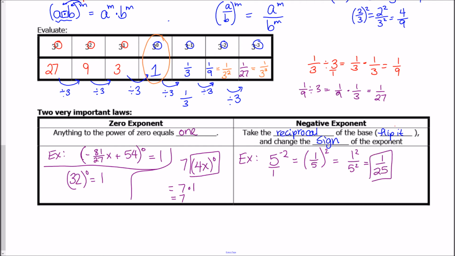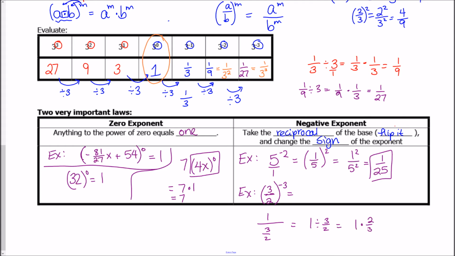Okay? Another example that you could see is if you had, for example, 3 over 2 to the power of negative 3. So that means that I have to do the reciprocal of my base. It's technically 1 over 3 over 2, but remember 1 over 3 over 2 just means 1 divided by 3 over 2, which means 1 times the reciprocal, which is 2/3.